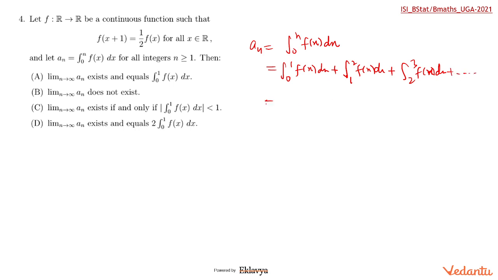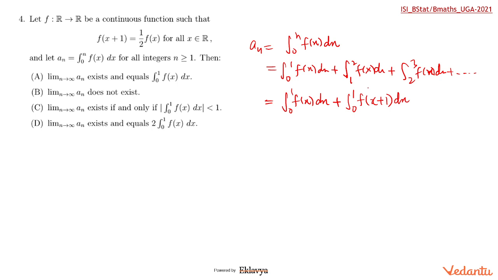Now, taking all the integrals in the section 0 to 1: if we subtract 1 in the limit here, you'll get 0 to 1, but the function would then be f of x plus 1. I'm substituting x as t plus 1. So when x is 1, t is 0.